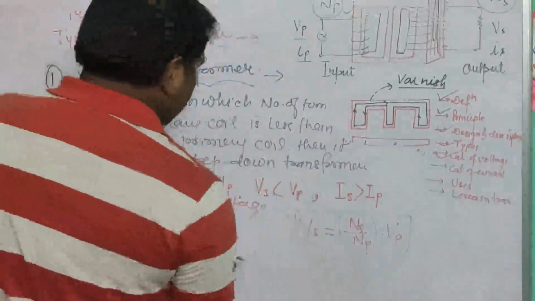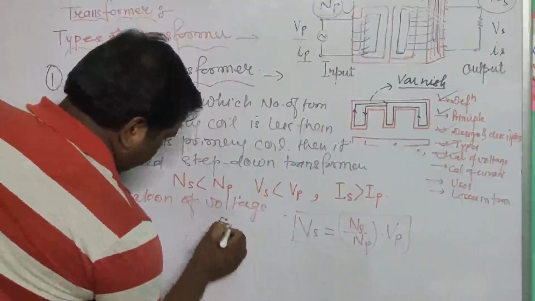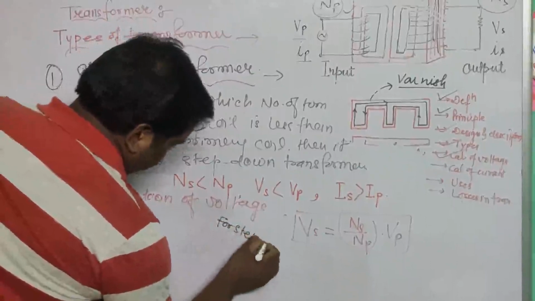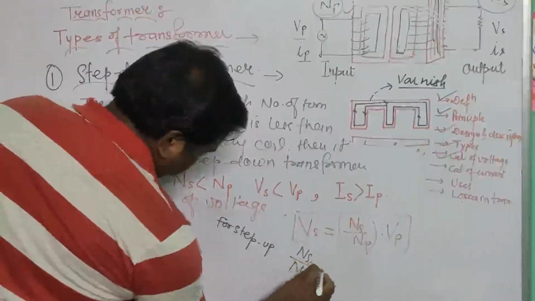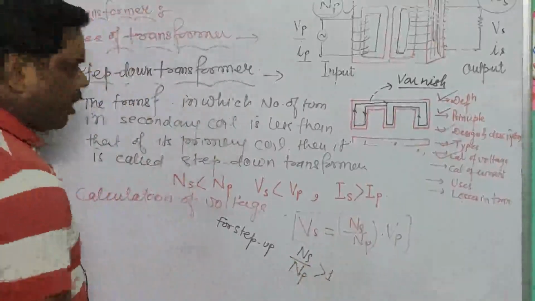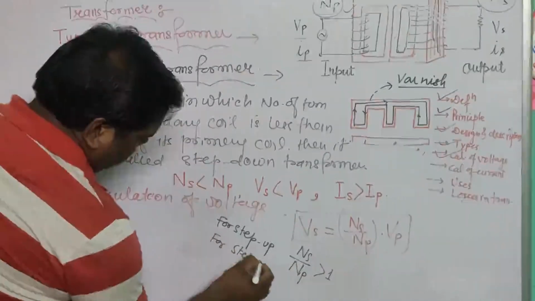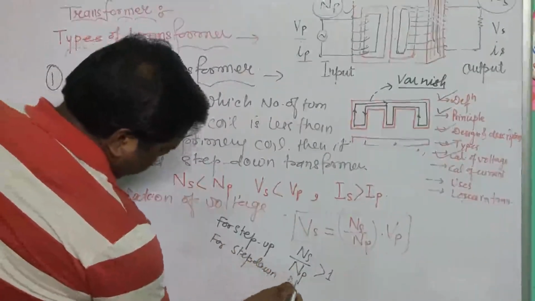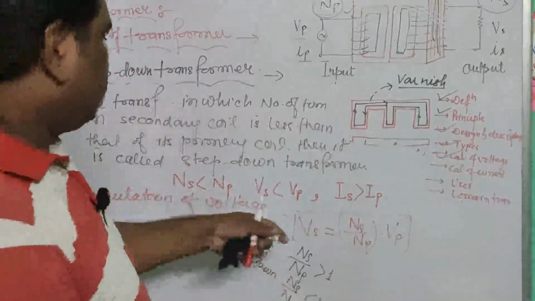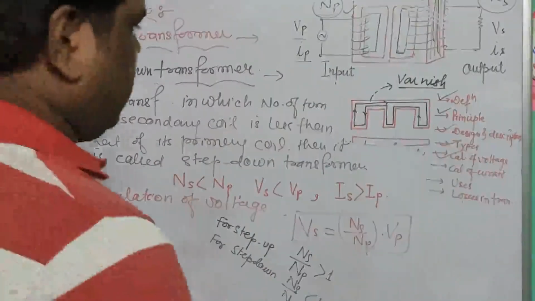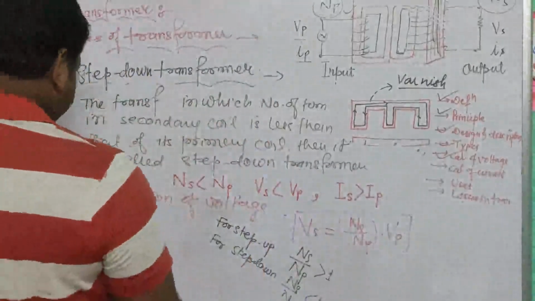So one more thing you can write, for a step up, Ns upon Np will be greater than 1, but for step down transformer, Ns upon Np will be less than 1. So this is how we can explain about the types of transformer, and then calculation of voltage.